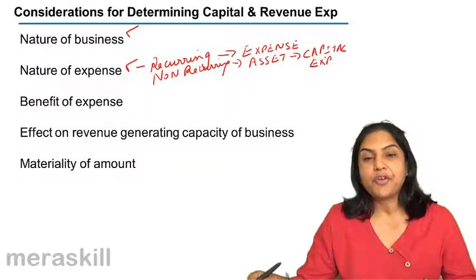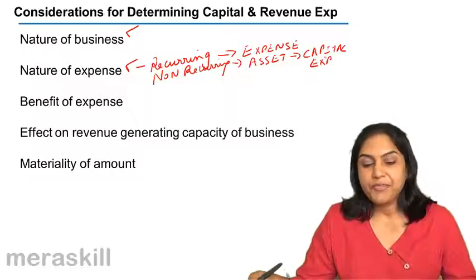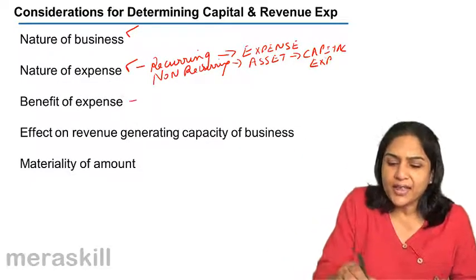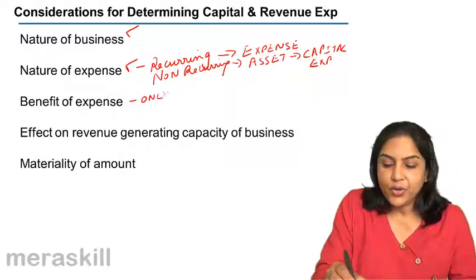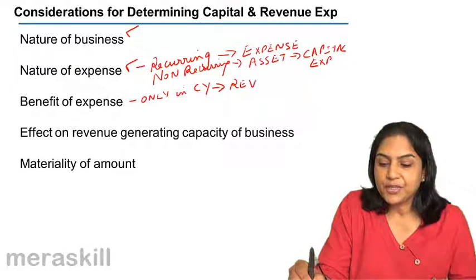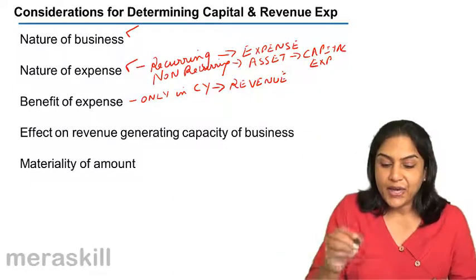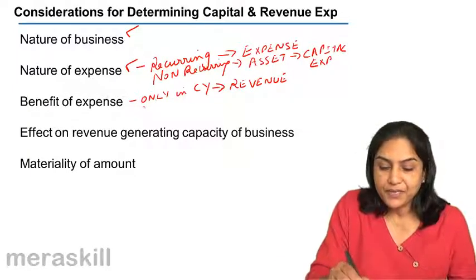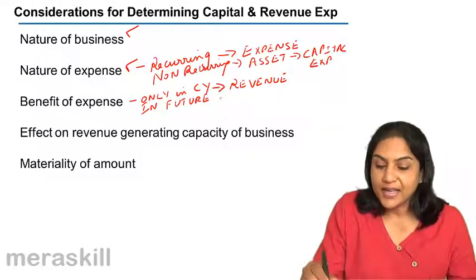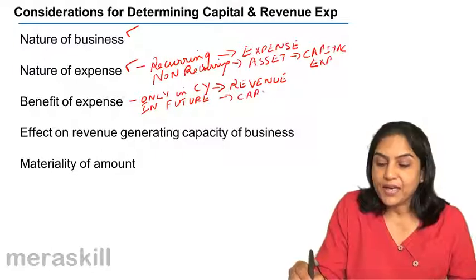Next is the benefit of expense. If the benefit of the expense I receive only in the current year, then it is a revenue expenditure. But if I get benefit in future periods, then that is supposed to be a capital expenditure.